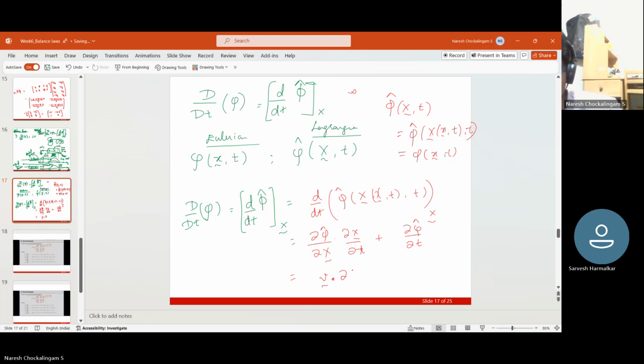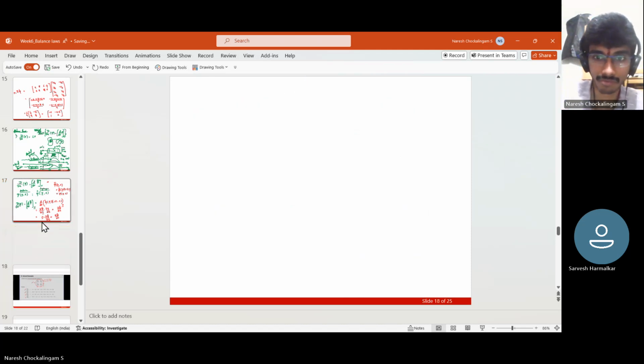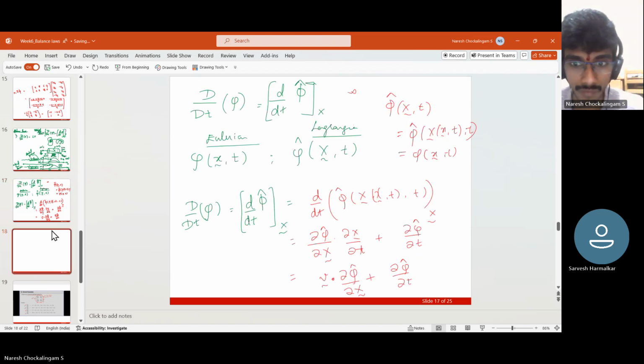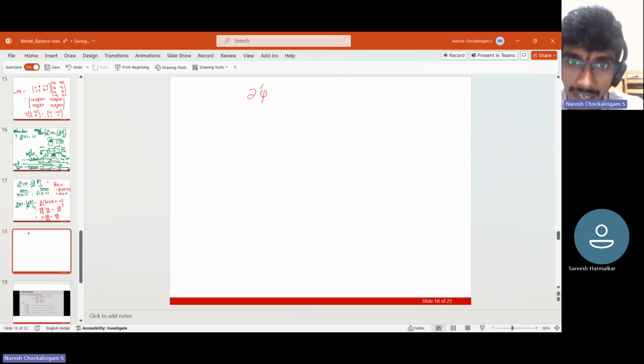But what is this quantity? This is nothing but the variation of a field, which is a function of x and t.